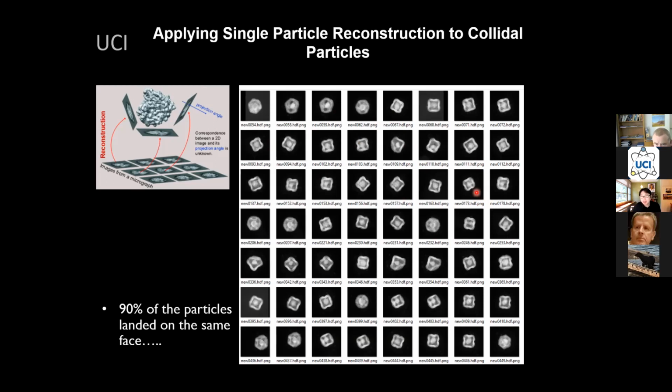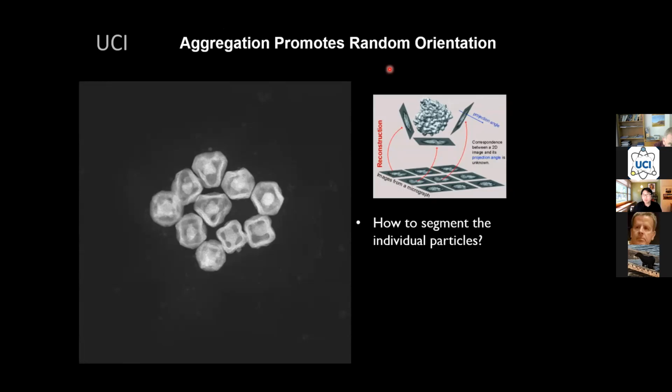So then, okay, you break the requirement of single particle analysis, where the distribution of these particles should be random. The orientation distribution should be random. So then we look into this a little bit more and find, okay, when these particles aggregate together, they tend to give you a distribution of their orientation that's slightly more random, right?